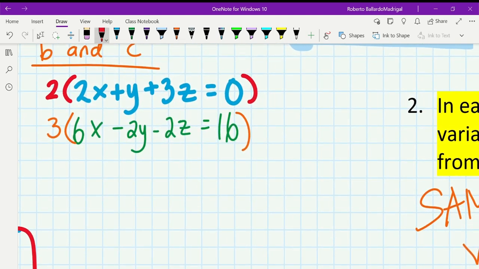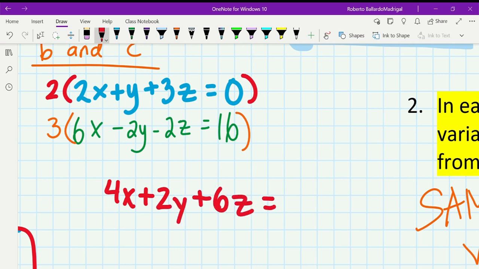Okay. In red, I'm going to write the first equation. So 2 times 2 is 4. I get 4x. 2 and y makes 2y. 2 and 3 makes 6z. And we get 0.